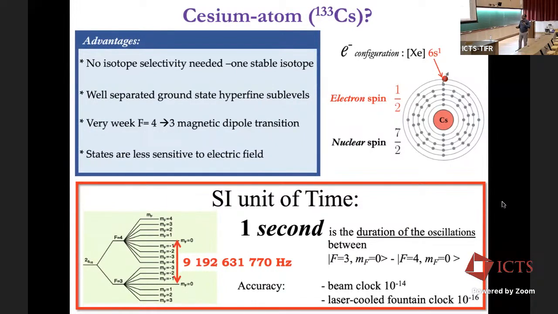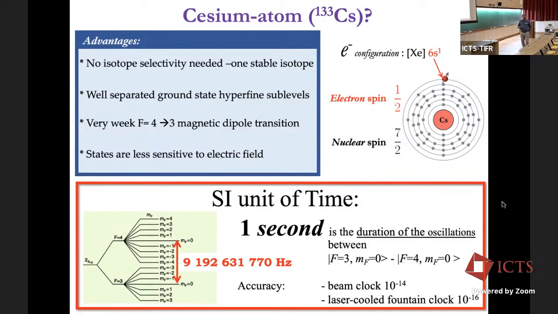Like this is the ground state of an unperturbed system. And due to hyperfine interactions, this is split into F equals 3 and F equals 4, which are separated by 9,192,631,770 hertz. Exactly. Okay, so roughly speaking, 9.2 gigahertz. It has two MF equals 0 states.